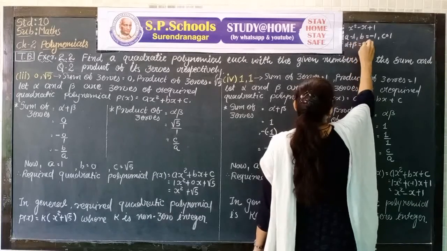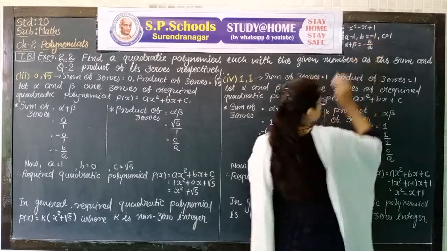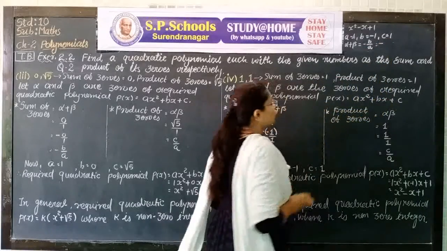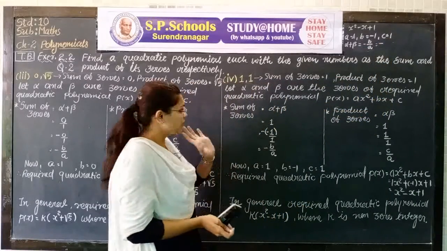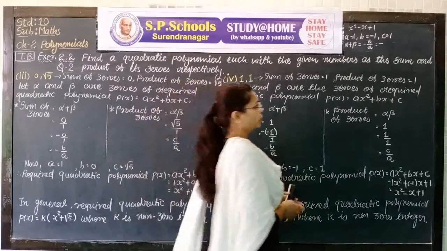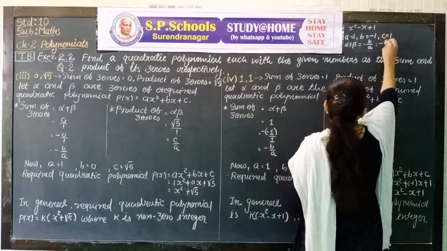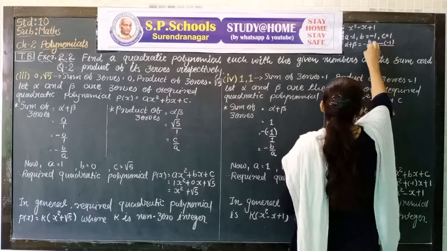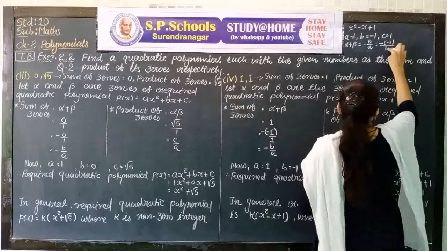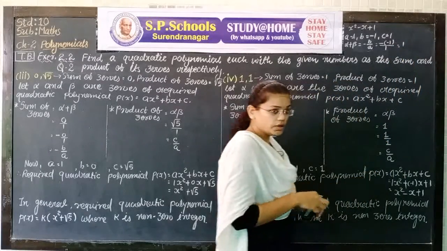Alpha plus beta is equal to minus b upon a. We know the value of alpha plus beta given in the question is 1, and the product of zeros is also 1. Instead of b is minus 1, instead of a is 1, minus minus plus 1, 1 upon 1 gives also 1.